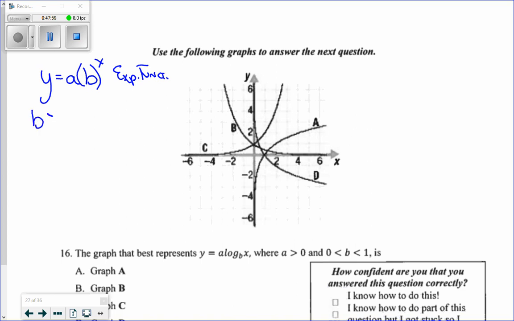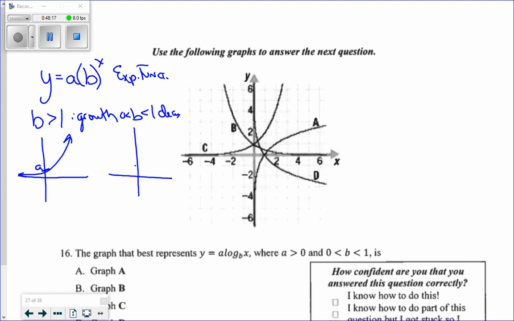If b is a number bigger than 1, this is referred to as growth, and the graphs have that as the a value, and they go swoop up to the right. If b is between 0 and 1, it's called decay, same a value, but the graph goes down. That's exponential growth and exponential decay.